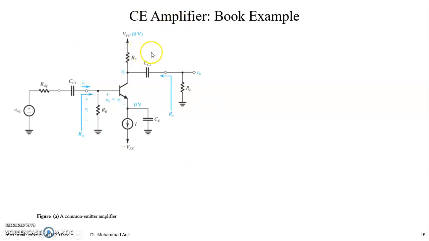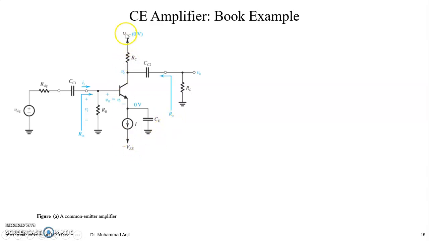So let's consider the book circuit of the common emitter amplifier. This circuit is basically drawn for AC analysis because the book author understood that you already have analyzed the DC properties, Q point and load line. So he is analyzing the AC properties, right?